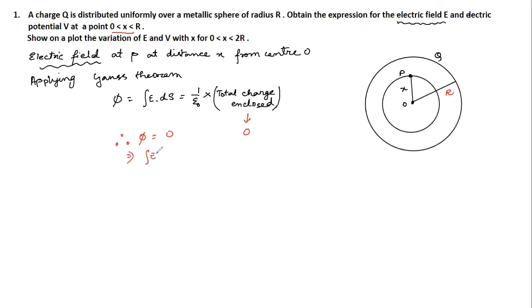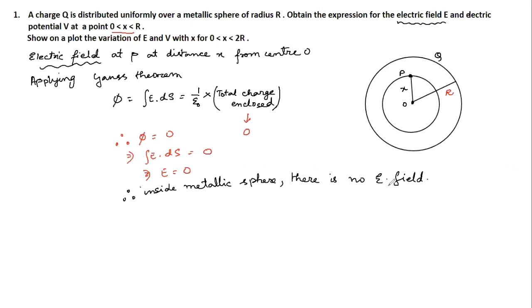So if I apply the flux relation, integration E dot ds equals 0, we can find that inside the metallic sphere we don't have any electric field. Therefore, inside the metallic sphere there is no electric field.